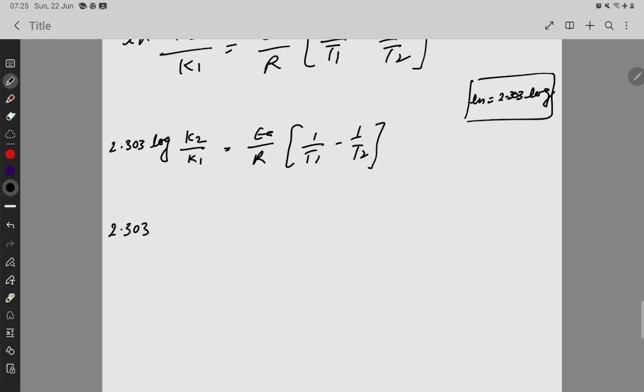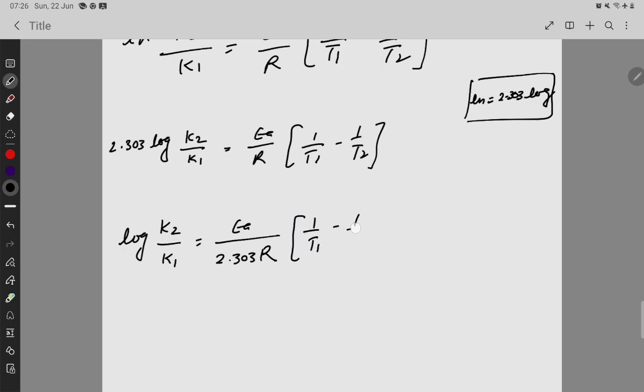Now let us send this 2.303 to the other side, student. So what will be there here? log k2 upon k1 is equal to Ea upon 2.303 R, times 1 upon T1 minus 1 upon T2.